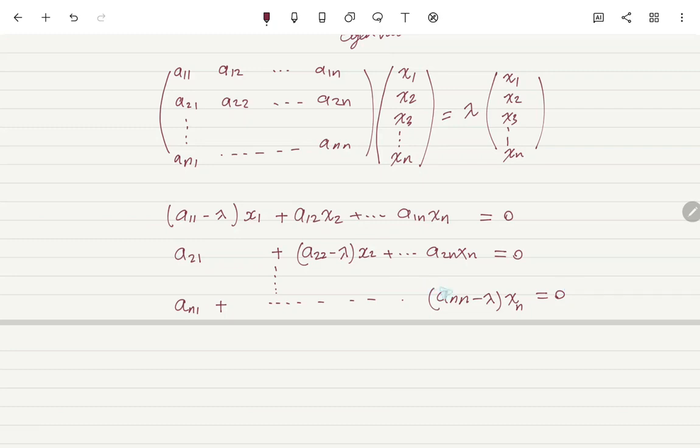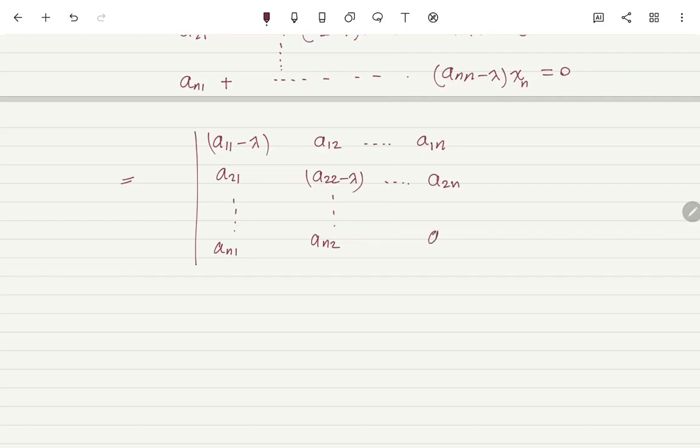If we set the determinant of coefficients, we will get a11 minus lambda, a12, a1n, a21, a22 minus lambda, a2n, an1, an2, until ann minus lambda.